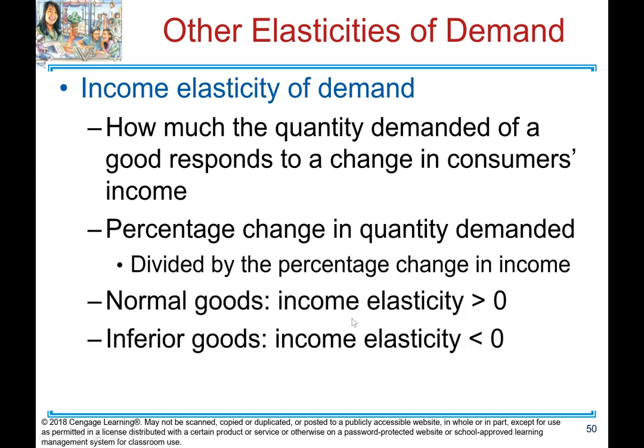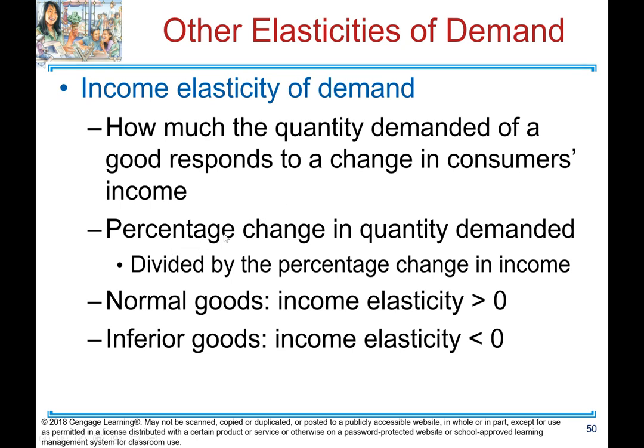Other elasticities of demand. Income elasticity of demand. Instead of changing the price, now we change income and hold price constant. Income elasticity of demand is how much the quantity demanded of a good responds to a change in consumer income. So you change the consumer income and you see how quantity demanded changes.